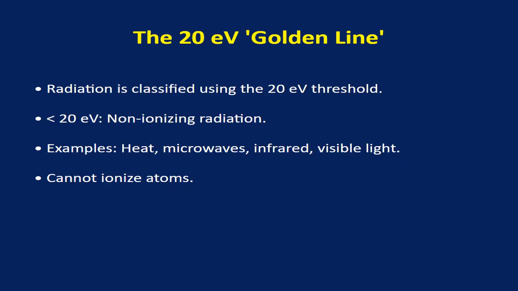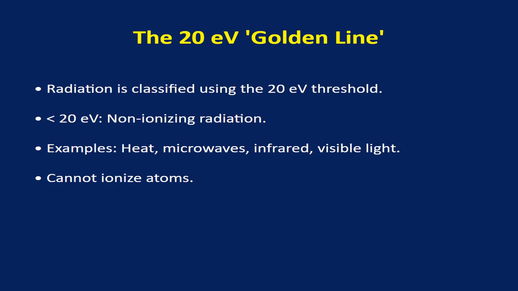The 20 electron volt golden line. Not all radiation is the same. We divide it into two groups based on how much punch or energy it has. The magic number to remember for your exam is 20 electron volt.